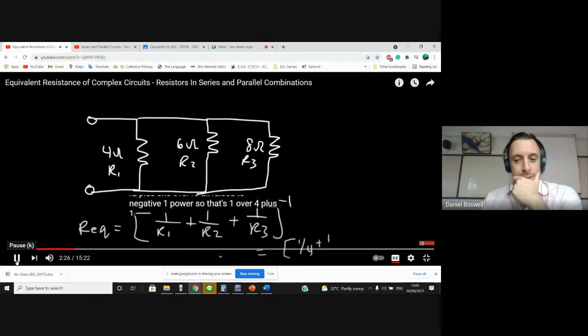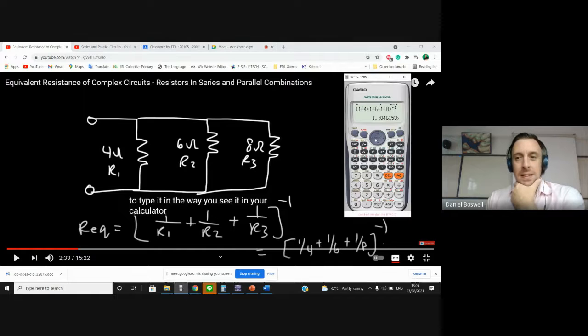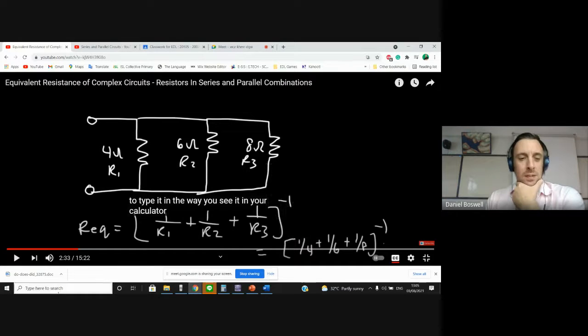Exactly how you see it here, you bracket like this, close bracket to the negative of 1, and you will get this reading. And let's see what happens.